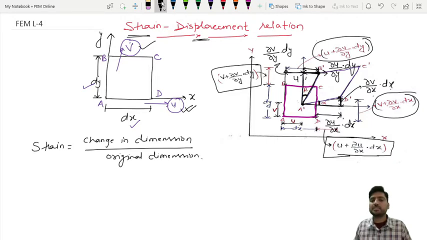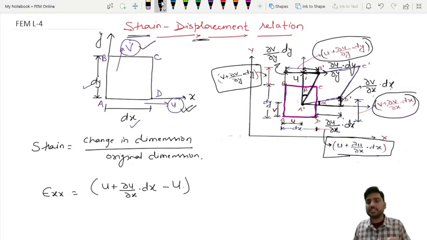Let's take it in the x direction. In the x direction, the total final dimension is u plus del u upon del x into dx, minus the initial u. So this is your change in dimension. Change in dimension means change in span upon original span. What is the original span? dx.